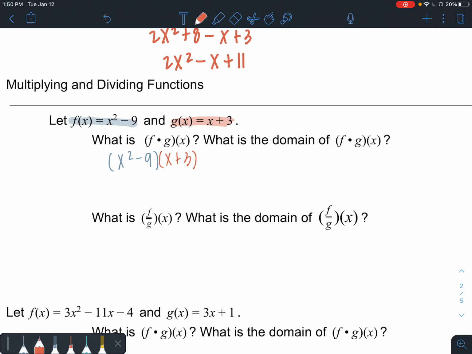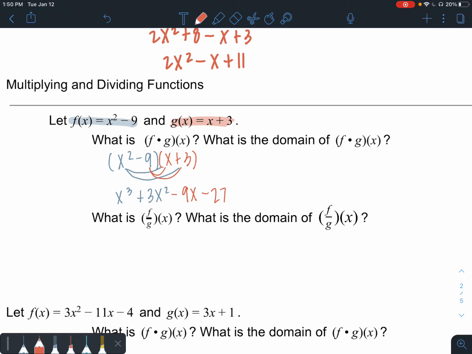So we want to FOIL this to multiply. So I'm going to take this x squared, multiply it by x and 3. So I get x to the third plus 3x squared. Want to take the 9 through, so 9 times x, negative 9x, and negative 9 times 3, negative 27.